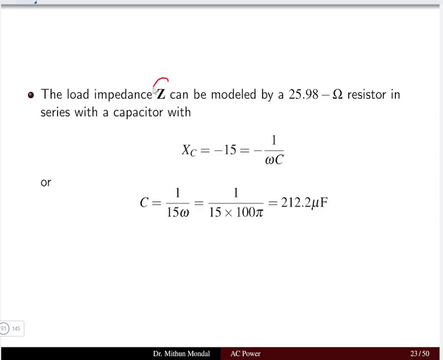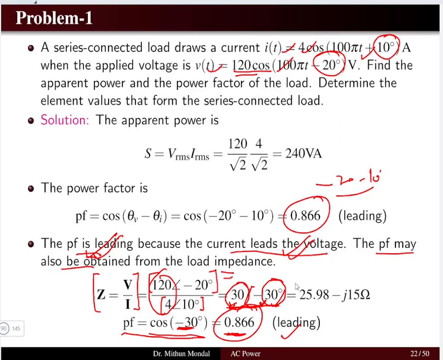The load impedance can be modeled, because if you see the value of the load impedance in the rectangular, Cartesian coordinate system, we are getting 25.98, that is the real part, and the imaginary part is 15 ohms.